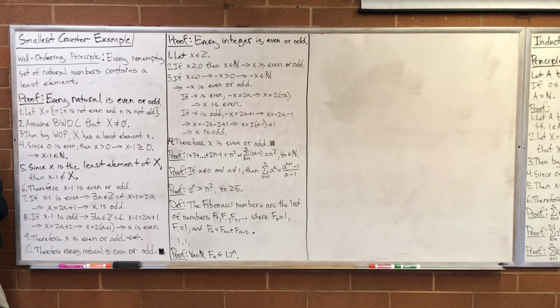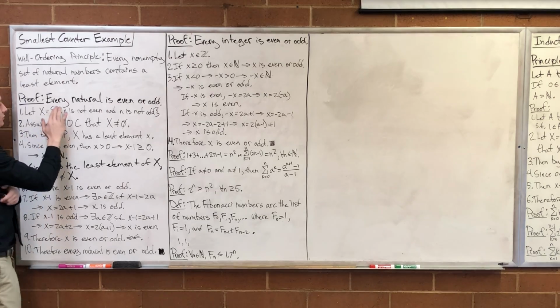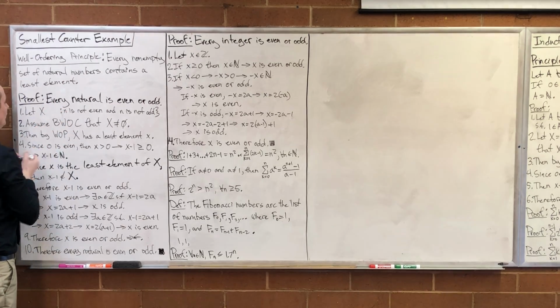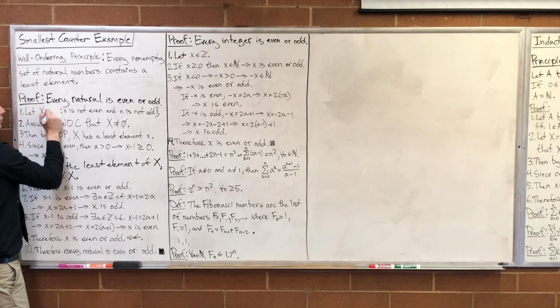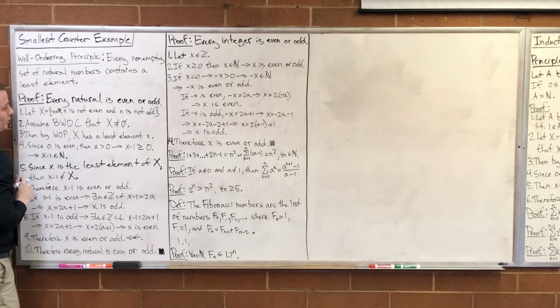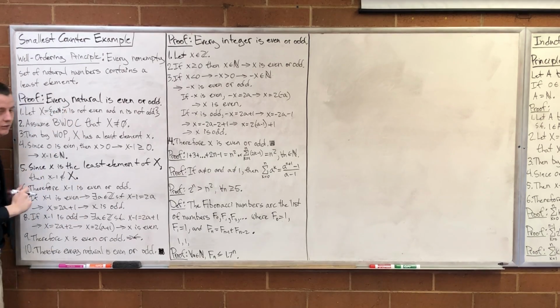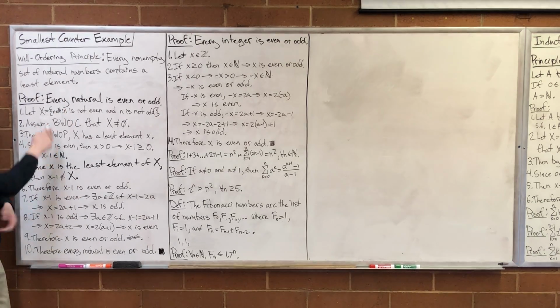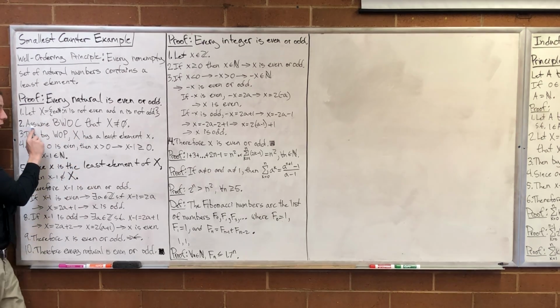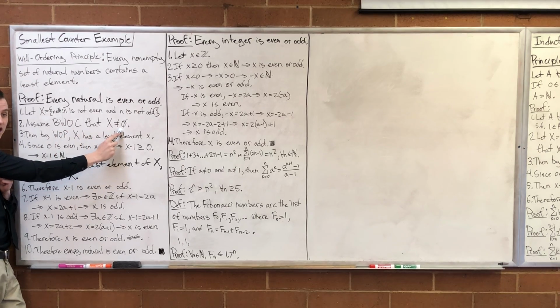How do I know that? Oh, because I didn't write it right. So x is equal to the set of all n in the natural numbers such that n is not even and n is not odd. Sorry. So x is a subset of natural numbers. You with me?